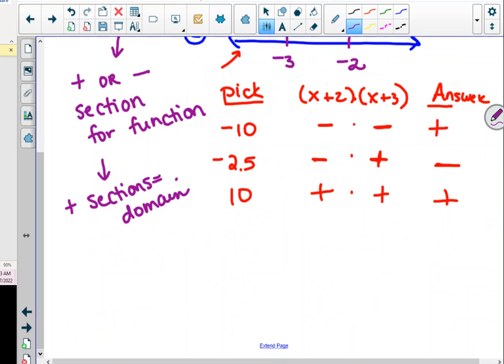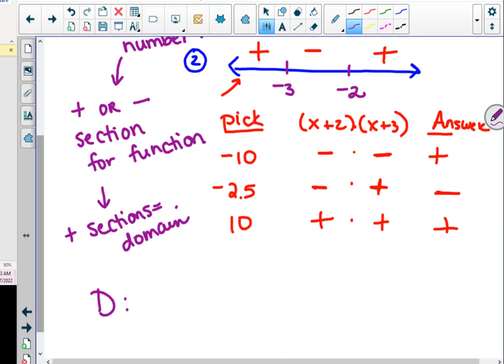And so after all of that, the domain for this particular function is negative infinity to negative 3 with a square bracket, because negative 3 is included. We can equal 0, and negative 3 will make it equal 0. Union, square bracket, negative 2 to infinity.